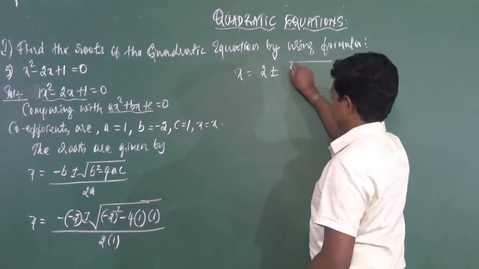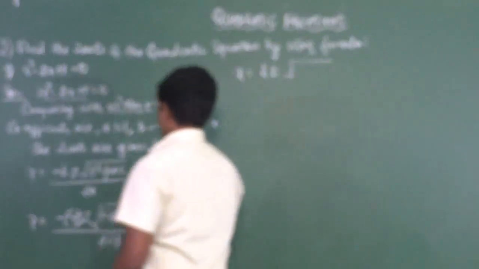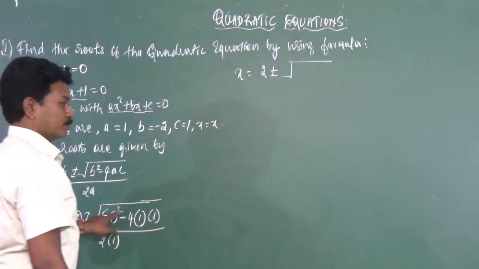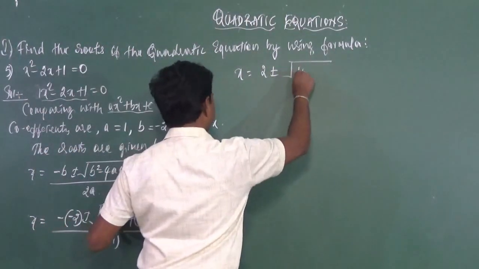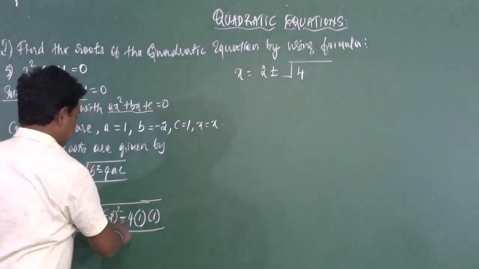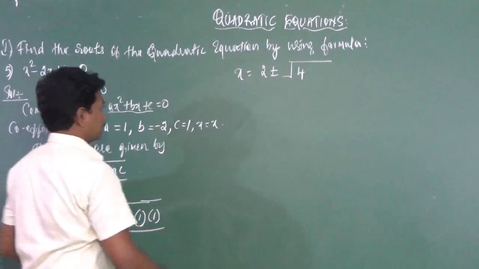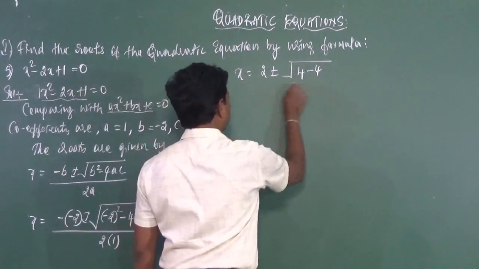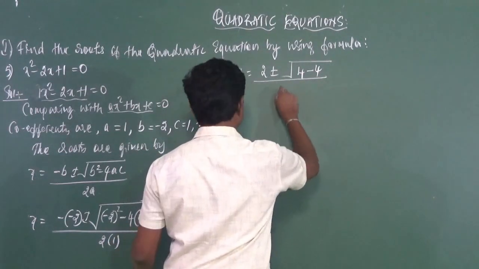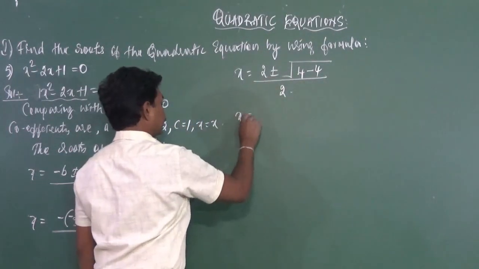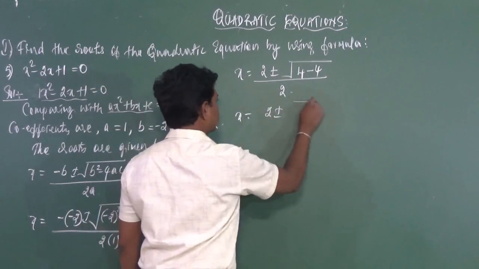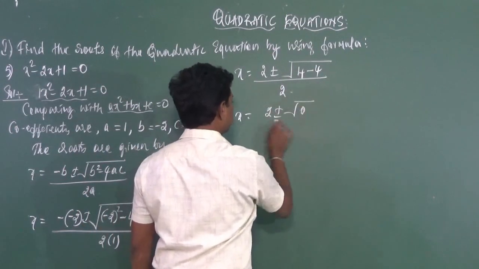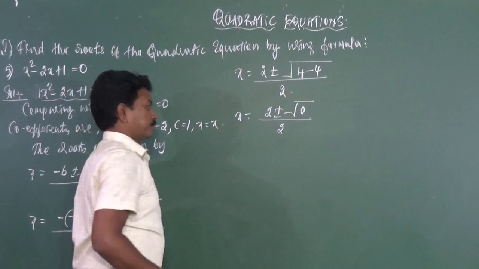Plus or minus square root of minus 2 whole square plus 4. Minus 2 whole square is 4. Plus 4 here. Minus we have 4 into 1 into 1 is minus 4, divided by 2 into 1 is 2. Okay. So x is equal to 2 plus or minus square root of 4 minus 4 is 0 by 2.